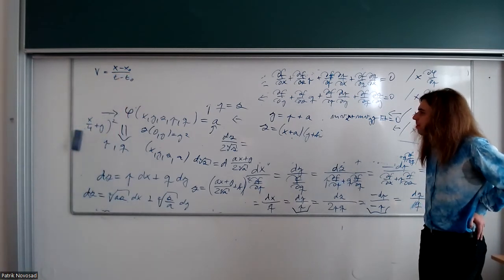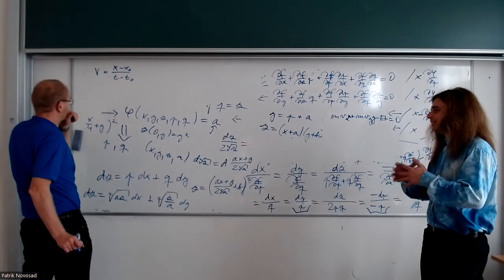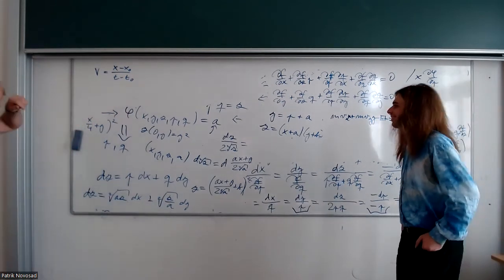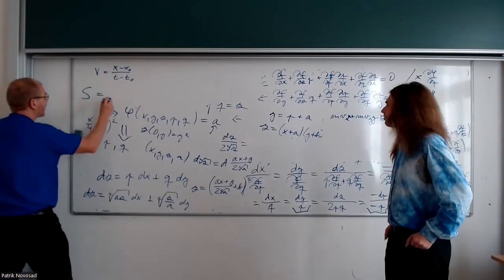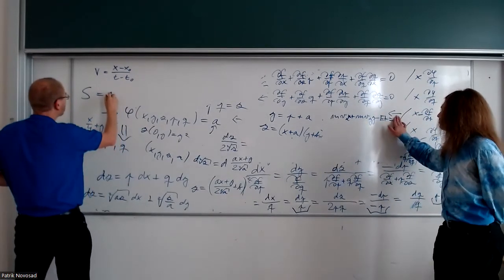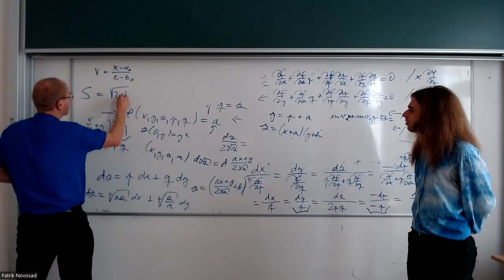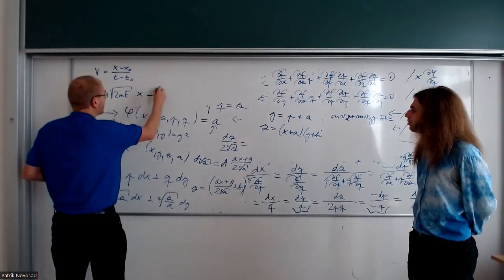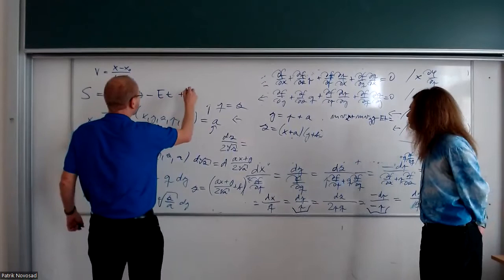Maybe you can have the solution like this, which is the momentum times x minus Et, and maybe plus some additional constant.